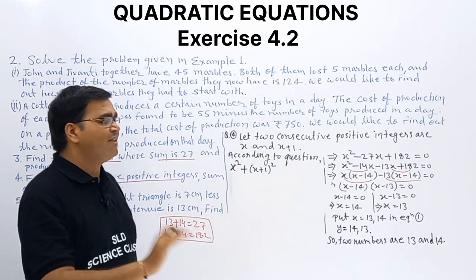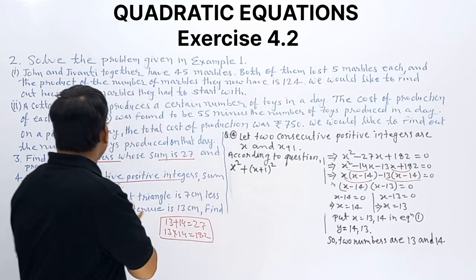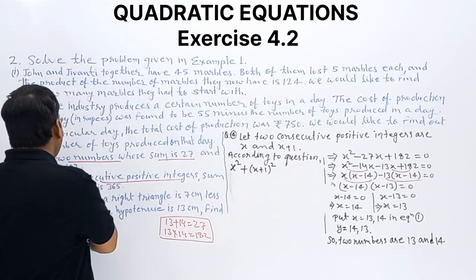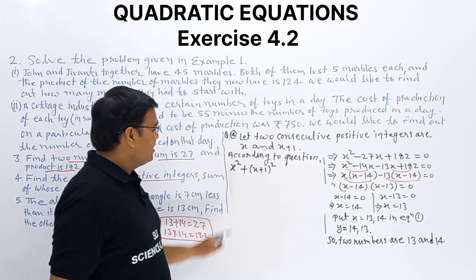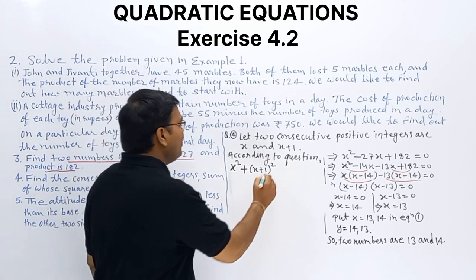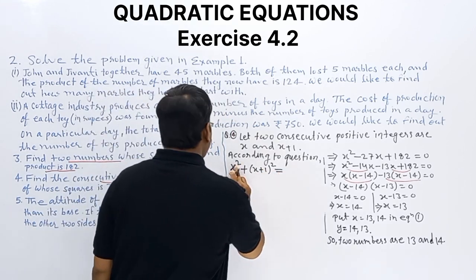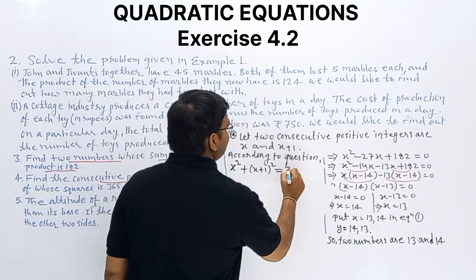So we can say x and x plus 1 are consecutive positive integers. As per the question, the sum of whose squares, x square plus (x plus 1) square, no doubt will be what? The sum of whose squares is 365.